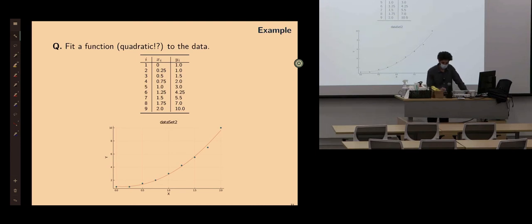How about you fit a function here to these points, right? Now, I'm going to tell you that this is a quadratic model. You wouldn't know that. If I just tell you data, you maybe make your best guess. Maybe go with quadratic, but you can guess that that's not going to go too far in the realm of challenging problems. Now, I'm going to tell you this is quadratic. Let's do that. We have 9 data points.